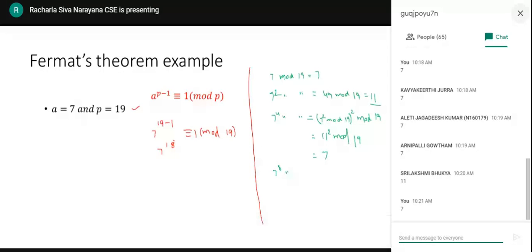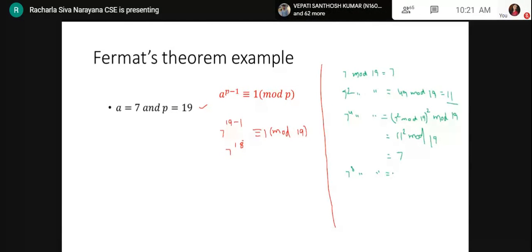Next, 7 power 8 mod 19. We can write it as 7 power 4 mod 19, whole square, since 4 into 2 is 8, mod 19.